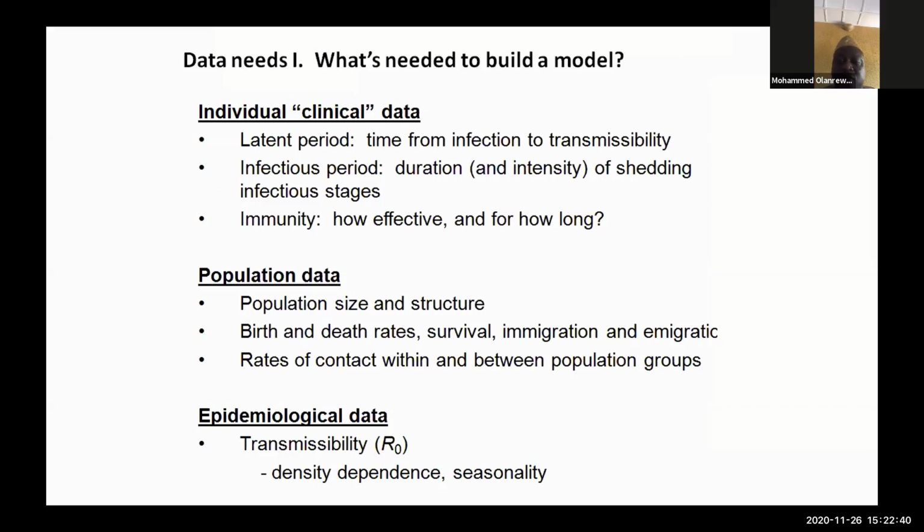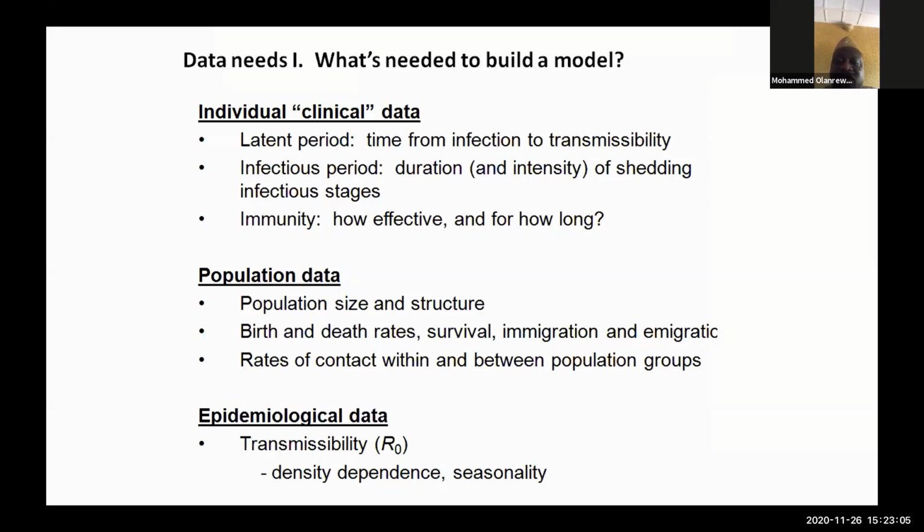Population data: population size and structure, birth and death rates, survivorship, immigration and emigration, and rate of contact within and between population groups. These are some of the things that here in Nigeria are difficult to get.